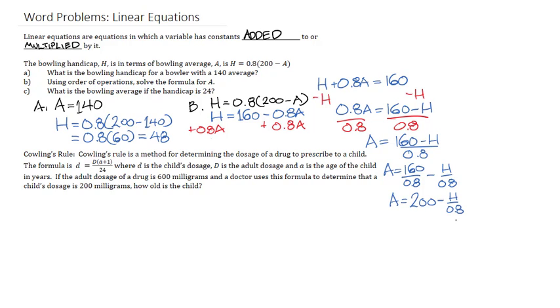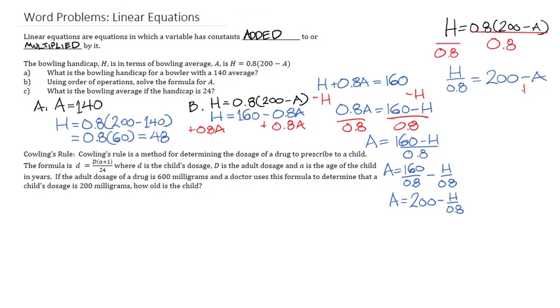This is one way to solve for a. Another way you could solve for a would be simply to divide by 0.8 at the beginning. So if I have that h is equal to 0.8 times 200 minus a, you can actually get out of having to distribute by simply dividing both sides by 0.8. If you do so, you'll get that h divided by 0.8 is equal to 200 minus a, and once again, we could simply add a to both sides.